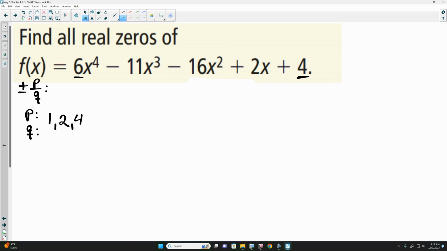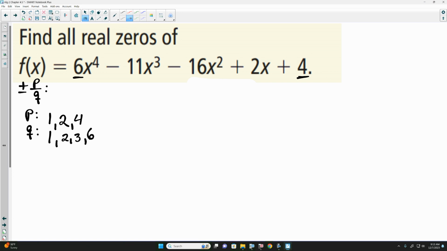Now it is technically 2 and 2, but again, as we said yesterday, any factors that repeat, we're not going to list them twice. Just having both 2's isn't going to add anything, because anything the first 2 will give us, the second 2 will also. So we only list it once. Leading coefficient is our 6, and factors of 6 are 1 and 6, 2 and 3. Questions on how we found the values of p and q?